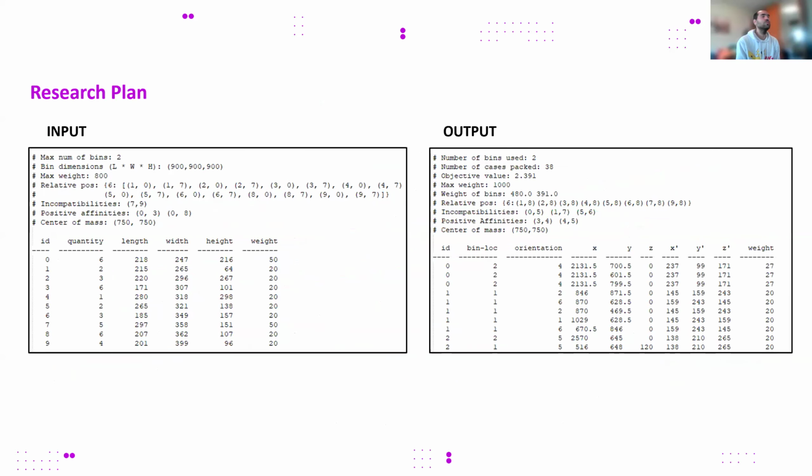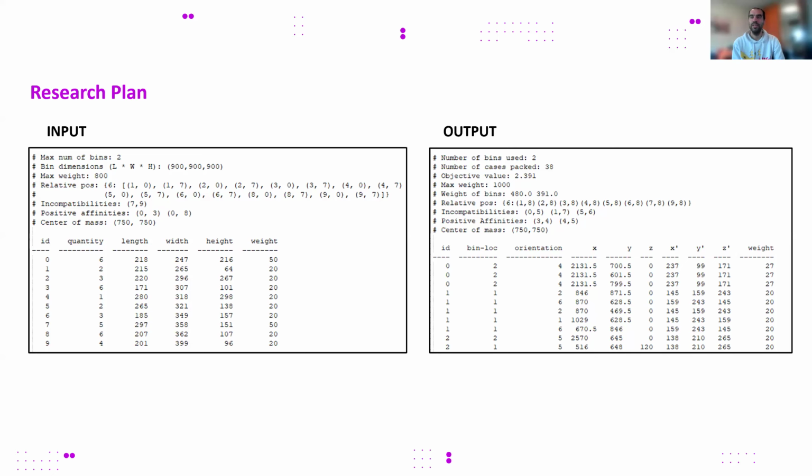Here, I'm going to talk about the input and the output. The input is in this slide. On the left-hand side, we can see one instance of the problem. First, we need to specify how many bins we have, the dimensions of the bins, the maximum weight, and other restrictions. And we need to specify to the solver the characteristics of each of the packages that we want to store in the bins.